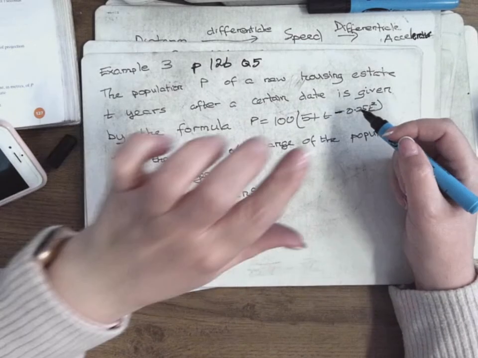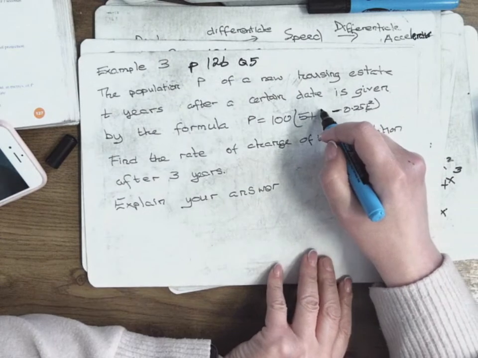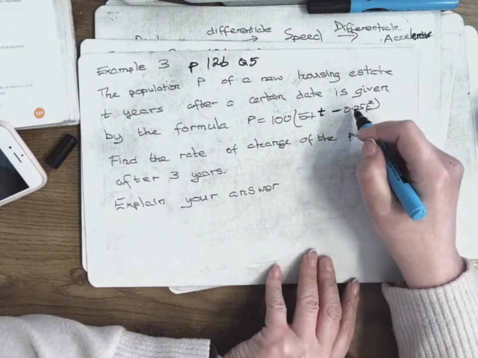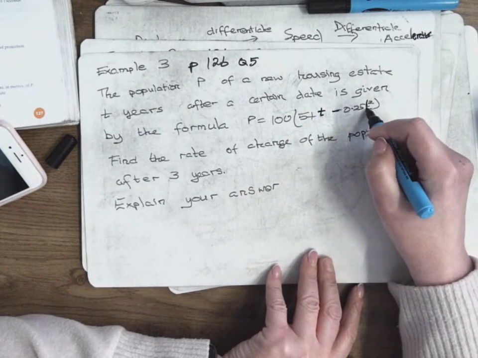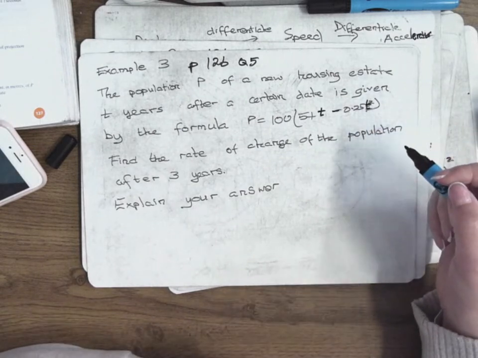That's 5 plus T minus 0.25 T squared. Okay.